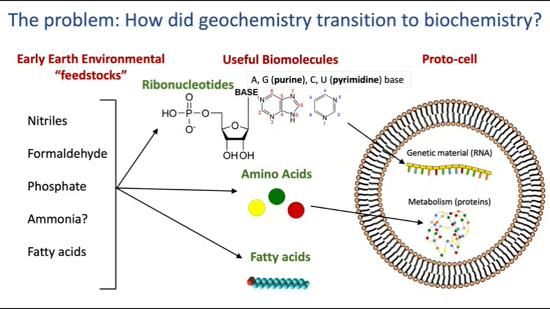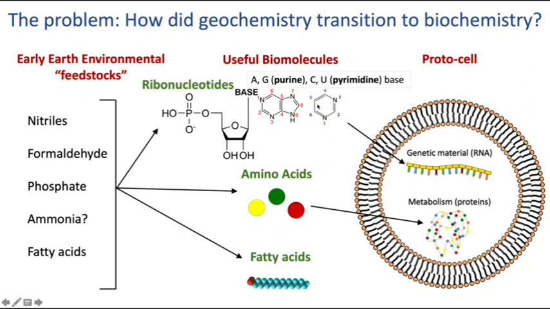But to get to RNA world, you have to make ribonucleotides, which are shown in the middle of this diagram, which consist of a phosphate, a ribose sugar, and a heterocyclic base of either 2 rings in the purines or 1 in the pyrimidines.